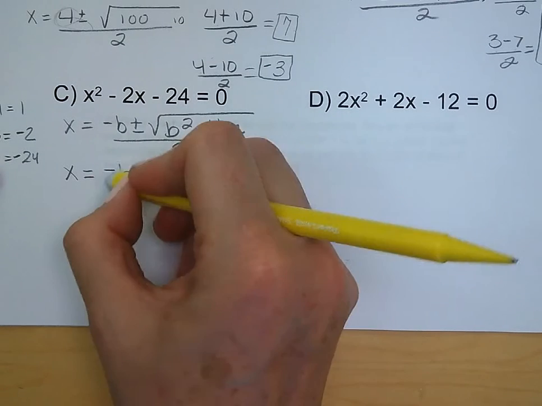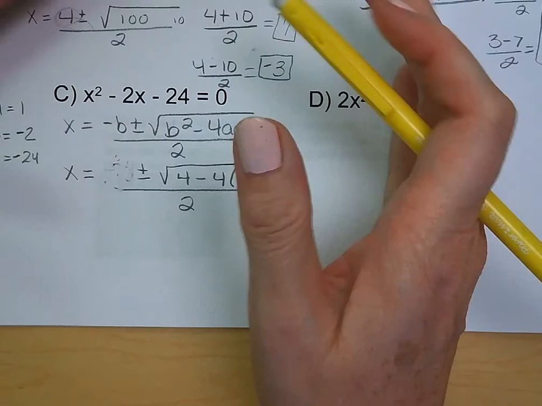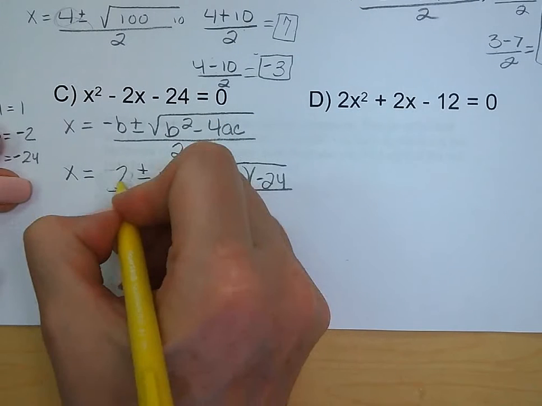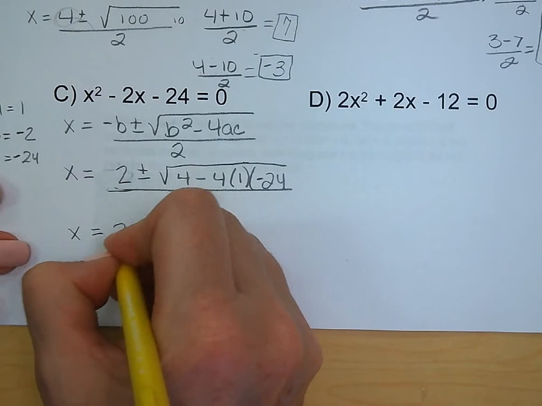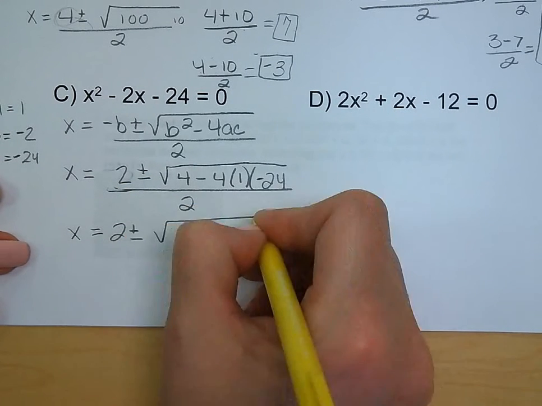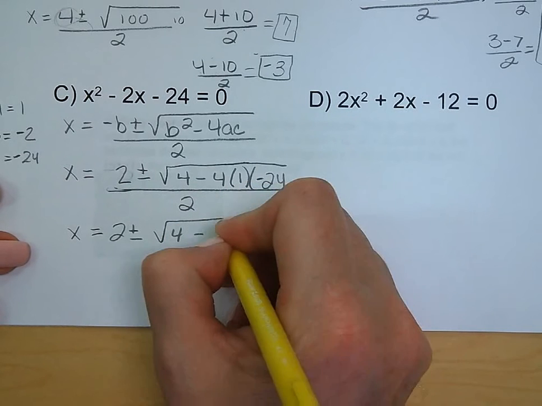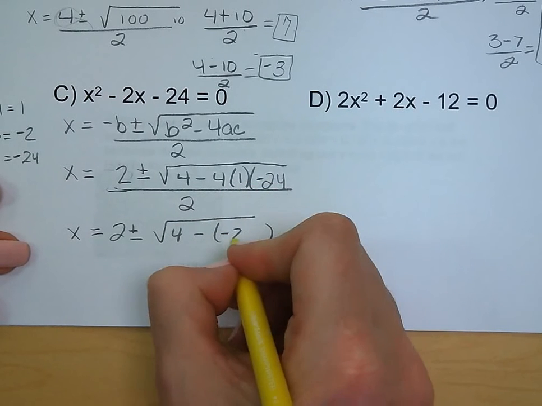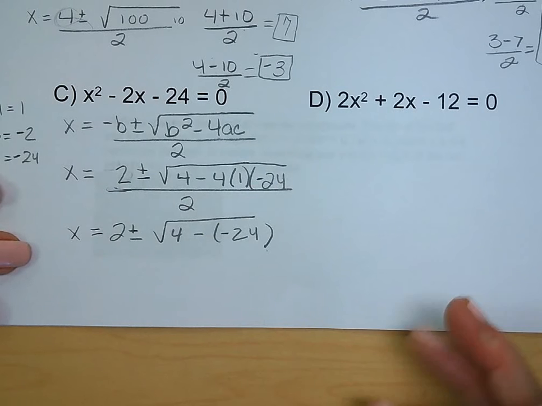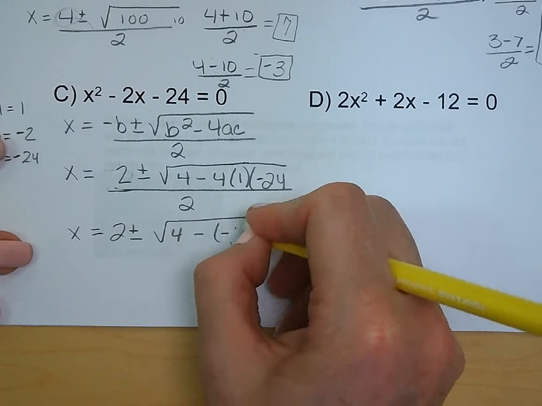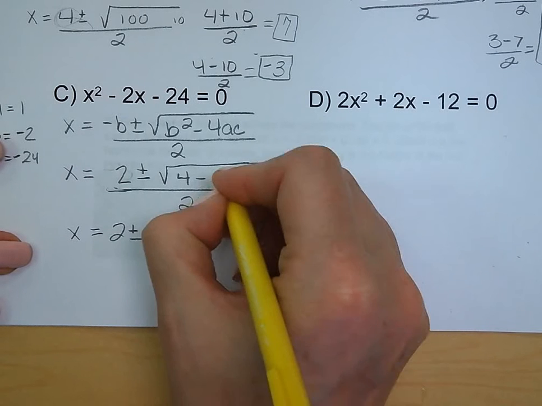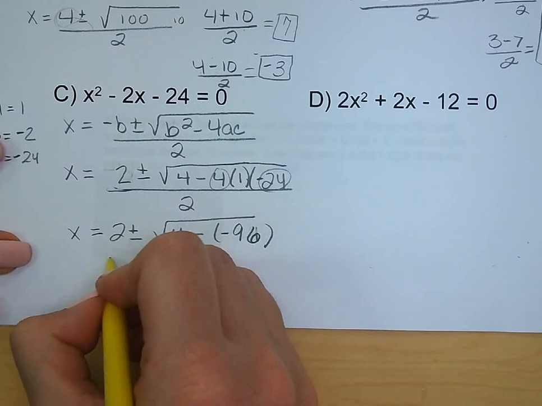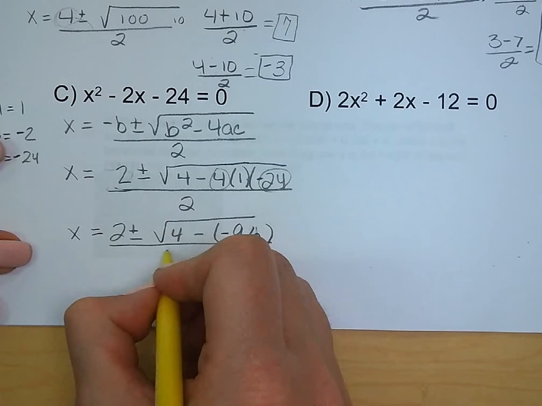Ms. Zirzo forgot to replace: the opposite of negative 2 is going to be a positive 2. So when we simplify inside of our radical, we have 2 plus or minus the square root of 4 minus negative 96. All of it's going to be divided by 2 still.